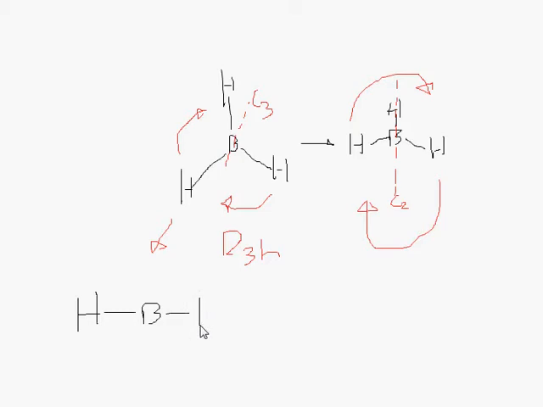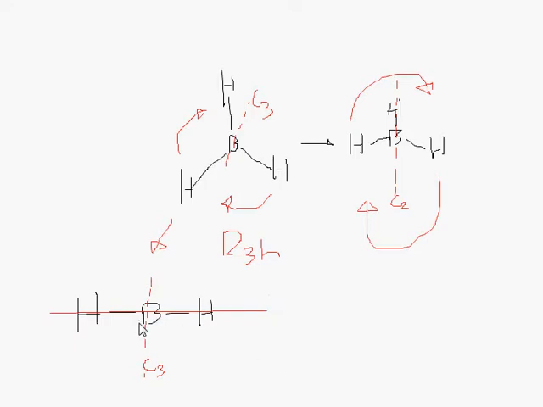And the last hydrogen is going straight back into the board. You have a mirror plane that goes straight through here like that. But your C3 axis is right up and down. So that puts it in the h group.